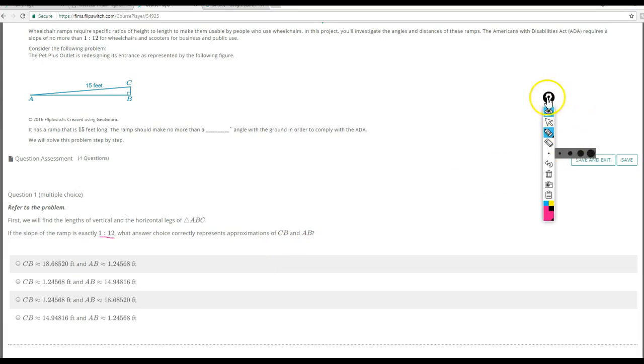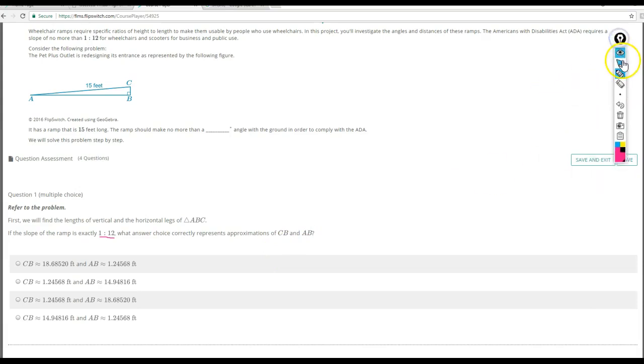So we are given that the height to length for the ADA is 1 to 12. So this is our height and this is our length. I'm going to set up a proportion of height compared to length, which is 1 divided by 12.